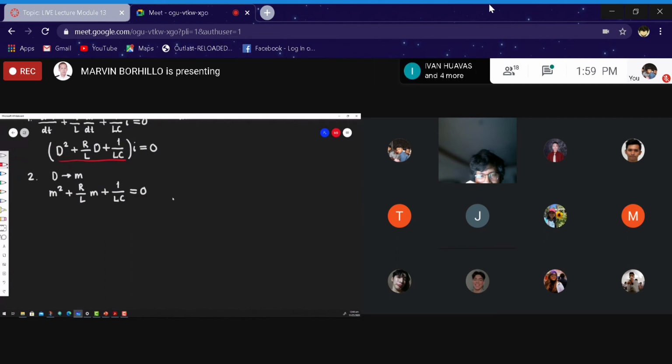So, we can solve the value of m using the quadratic formula. What is the quadratic formula? It is x equals minus b plus or minus square root of b squared minus 4ac, all over 2a.